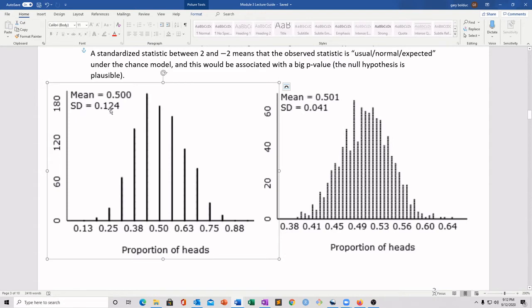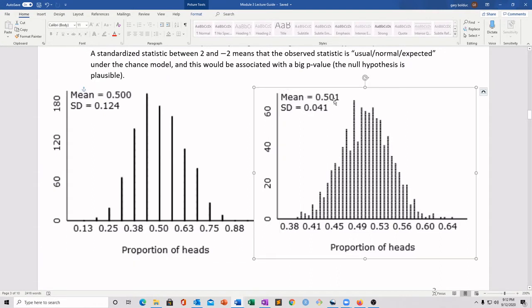It measures the spread. Again, I got a middle of basically 0.5. Of course, that was my null hypothesis. But my standard deviation is 0.04, so it's smaller. What does that mean? A smaller standard deviation means the points should be more closely clumped together.